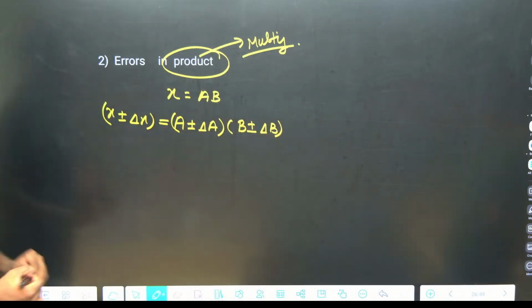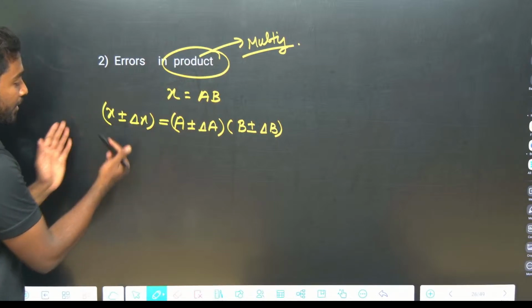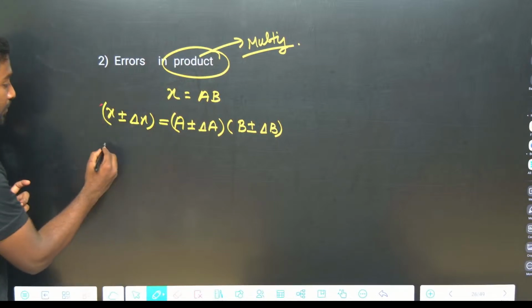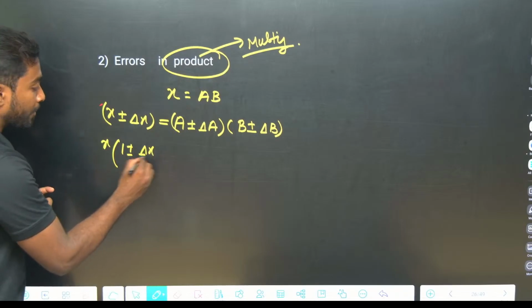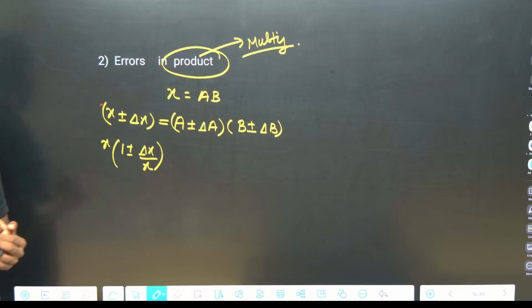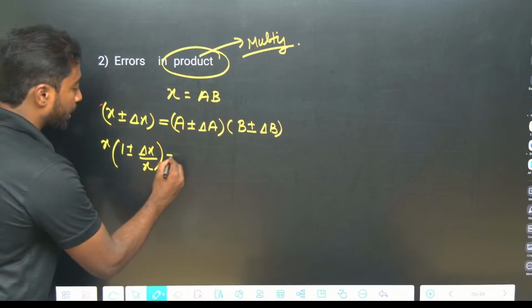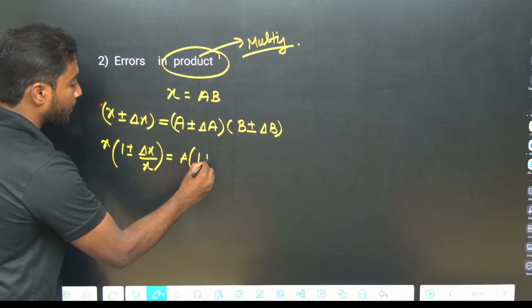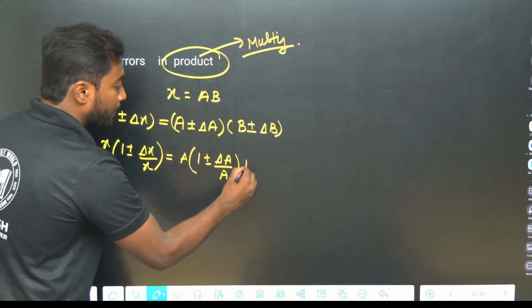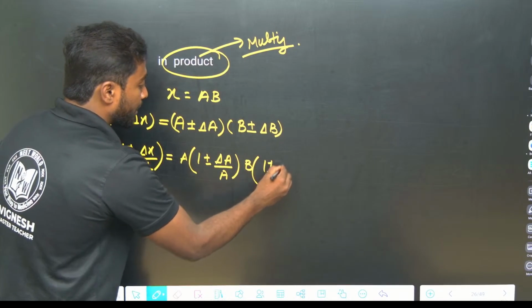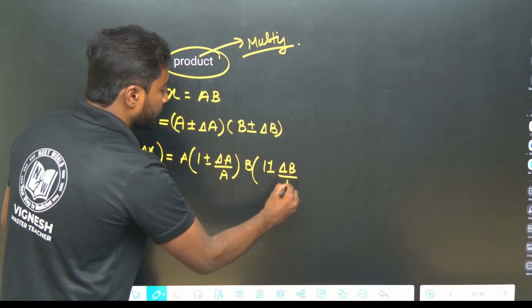Can I take x commonly outside from this equation? If I take x, what will happen? 1 plus or minus delta x by x. And if I take a commonly outside, 1 plus or minus delta a by a. Again if I take b, 1 plus or minus delta b by b.